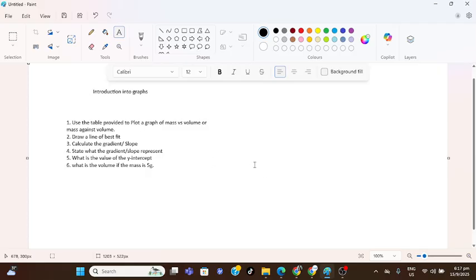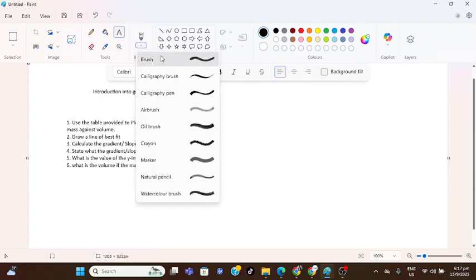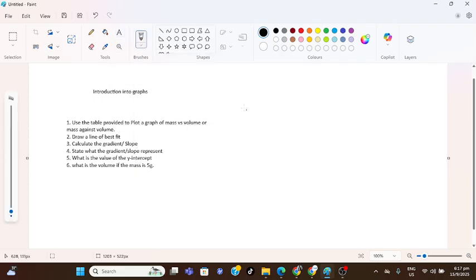So we're going to look at answering all these questions. I'm going to pick the most basic graph you could possibly plot. We're going to call mass right here in our table. Normally we say mass, you might put an M. So M means mass, and you say slash g. That depends on what the question is asking.